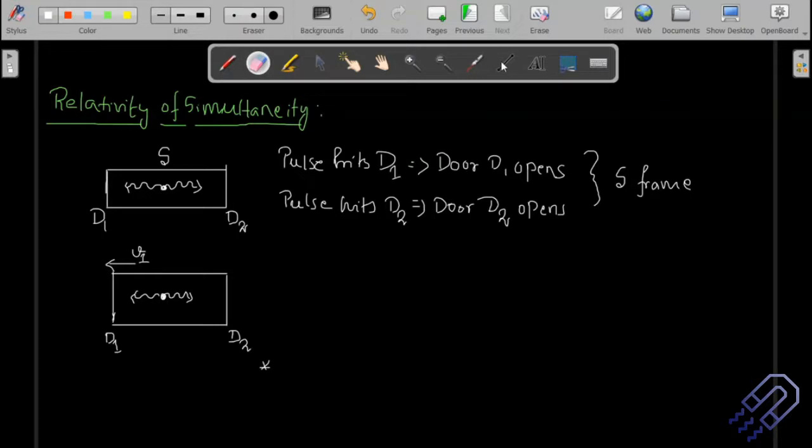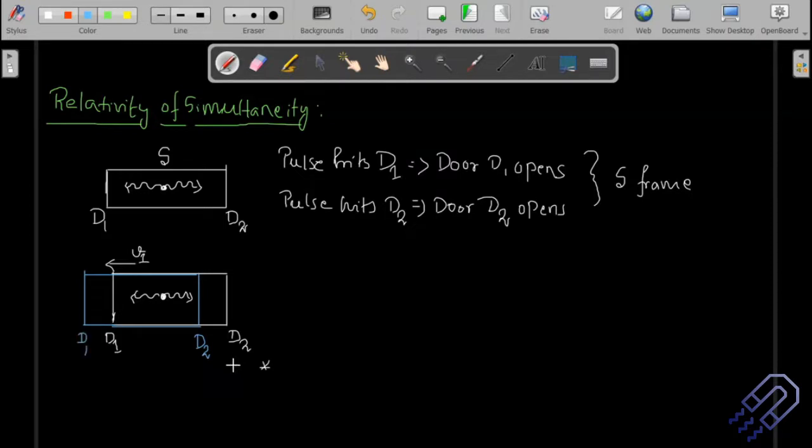So I need to draw one more image. By the time the pulse has reached D2, it has already moved forward, and the new position of D2 would be here.